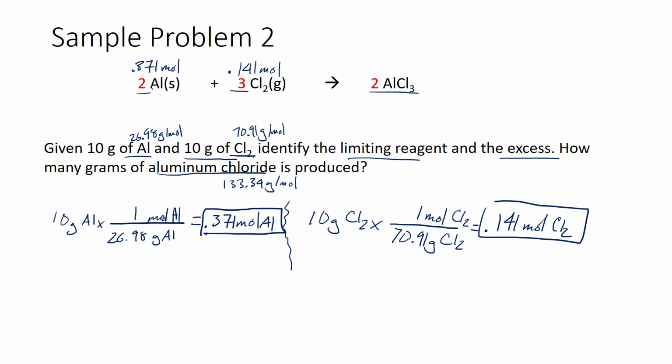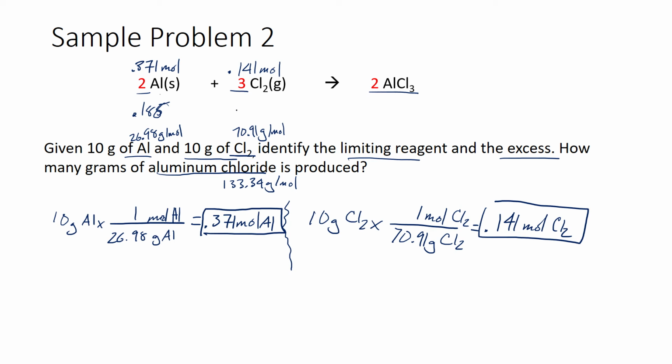So ask yourself, what is 1 part aluminum, right? What's 1 part aluminum? So we just have to take this number, 0.371, divided by 2. So 1 part aluminum is 0.185, or 0.186, all right? And then what's 1 part chlorine?